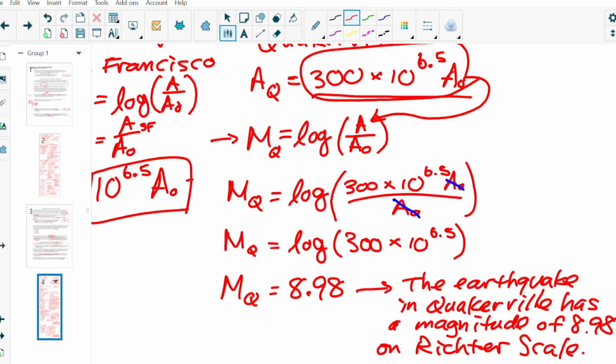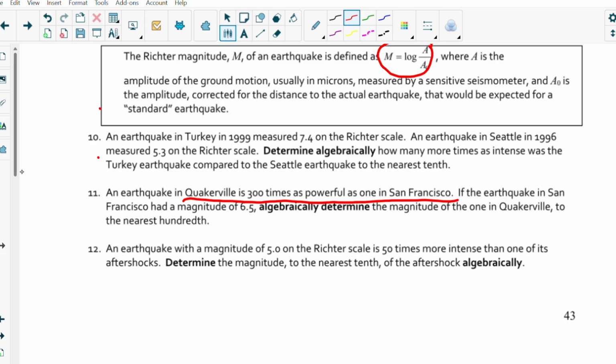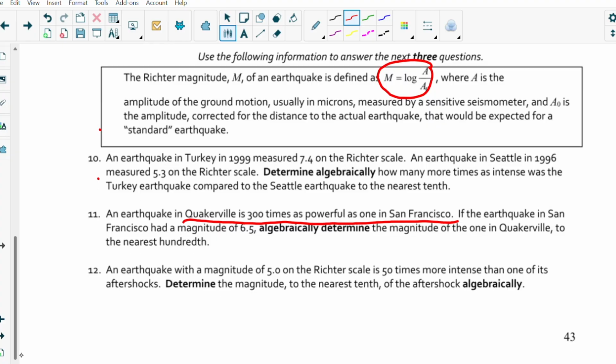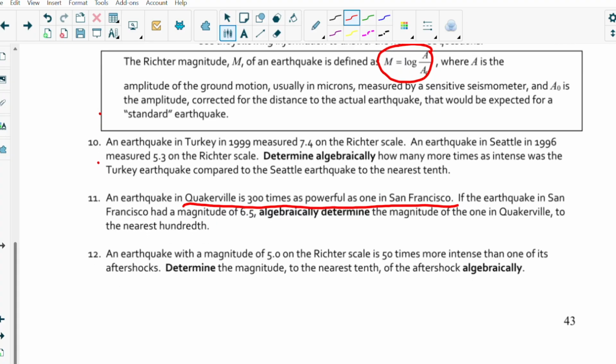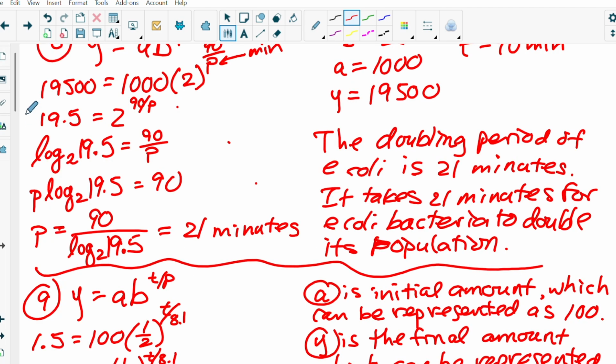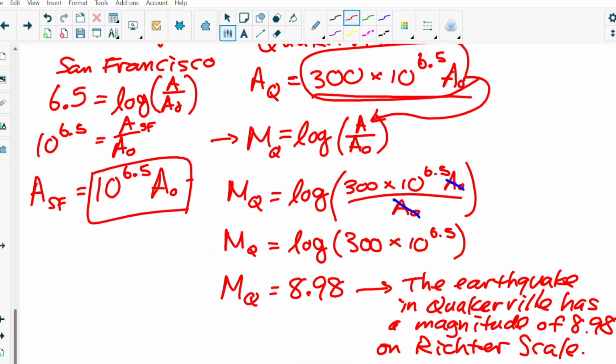Last one, folks. Number 12. An earthquake with a magnitude of 5.0 on the Richter scale is 50 times more intense than one of its aftershocks. Determine the magnitude to the nearest tenth of the aftershock algebraically. Okay, so we're going to do this in much the similar way as we did number 11. So this is number 12.